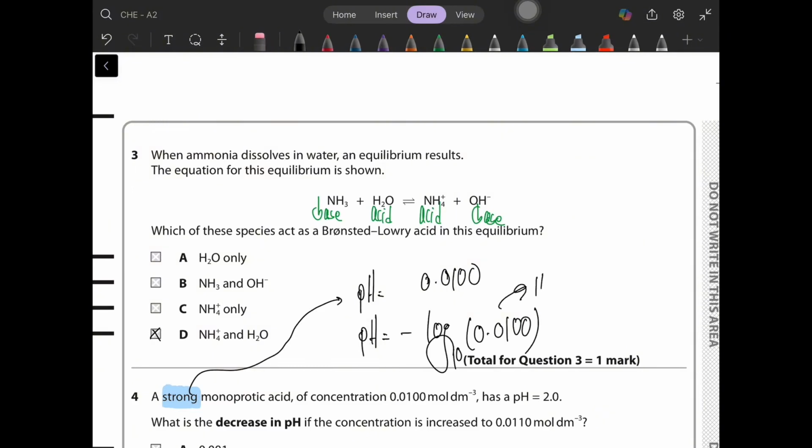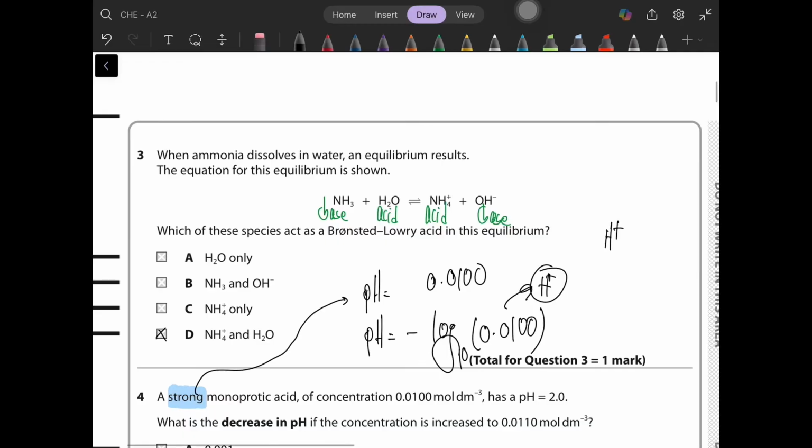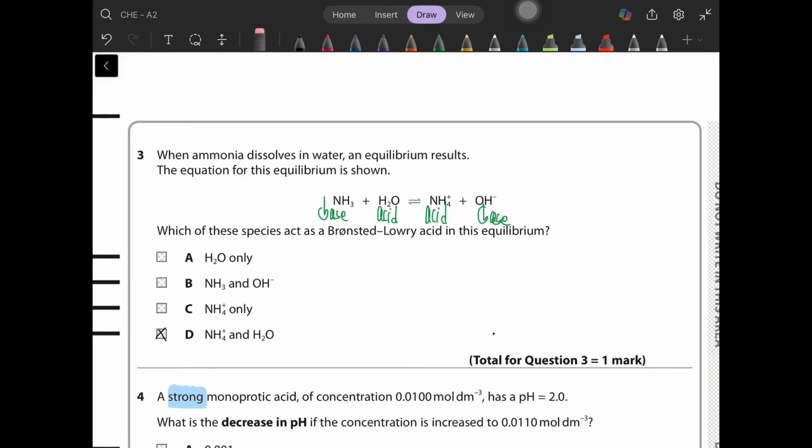As I said, the concentration of H+ for a strong acid is going to be equal to the concentration of the acid. So I plug in the value of H+, that is 0.0100, which is the concentration, and from here I receive a pH.